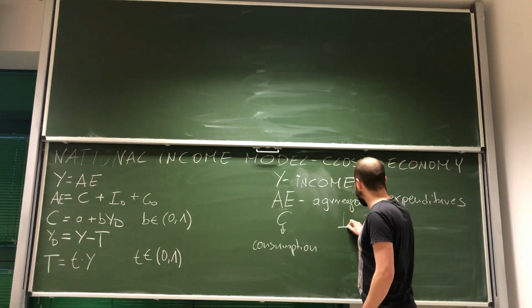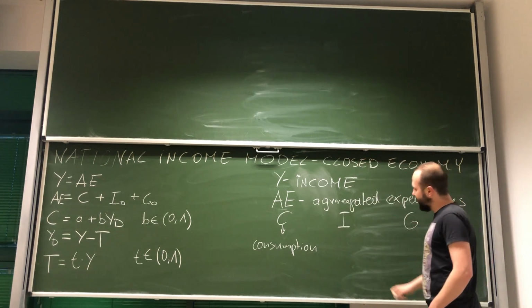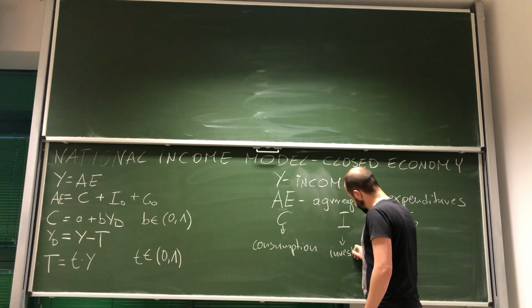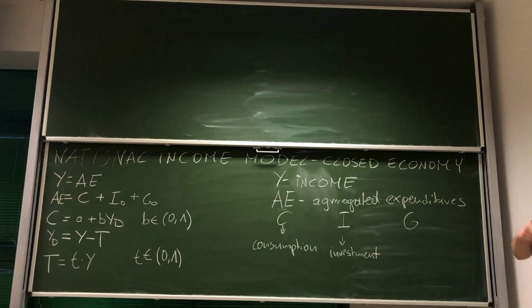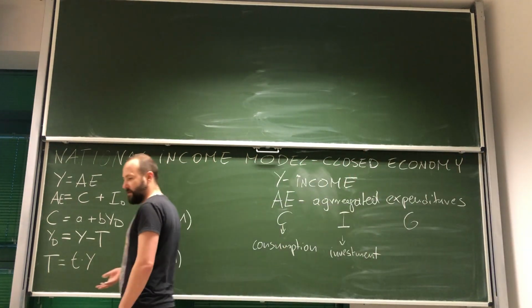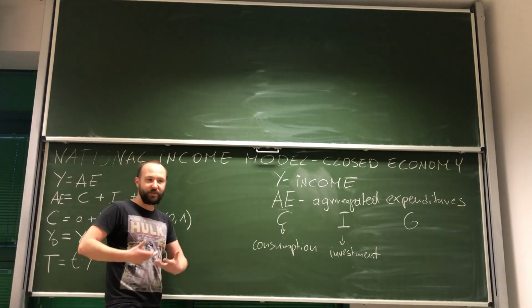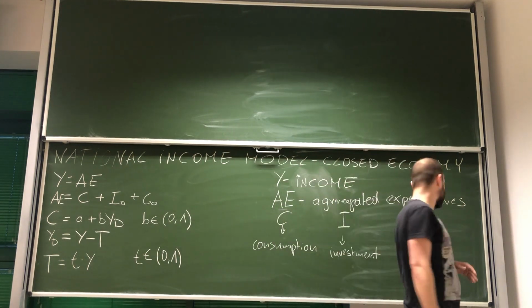Then you see this I and G. I is investment. And investment is spending of companies on capital goods. So how much capital, how much new machinery companies are actually purchasing?